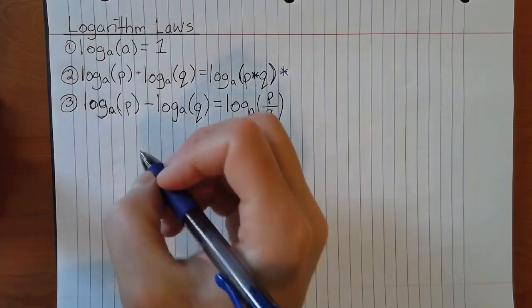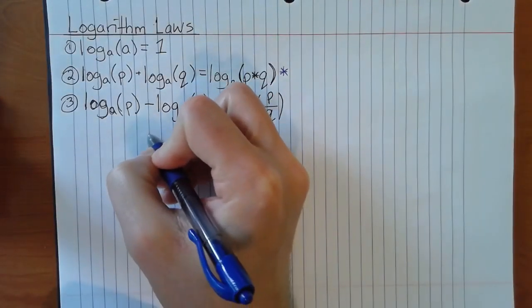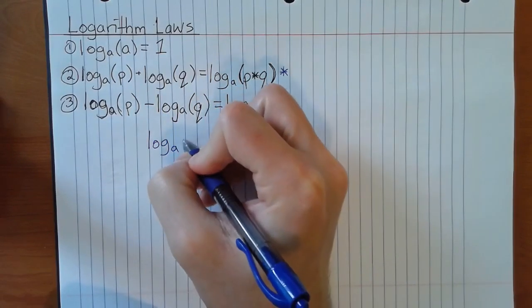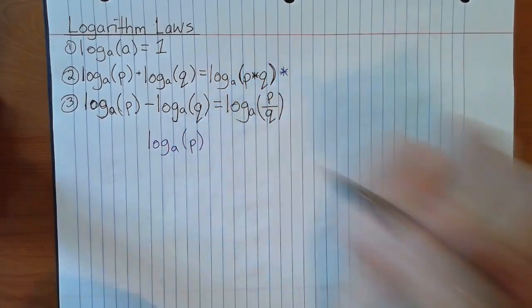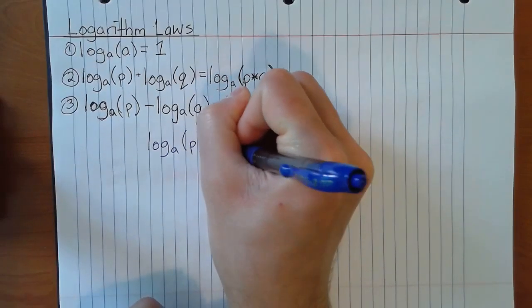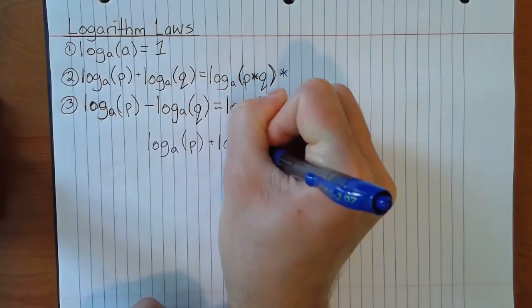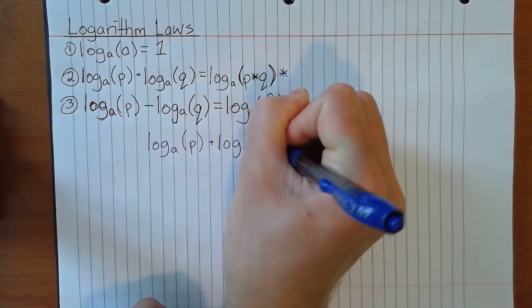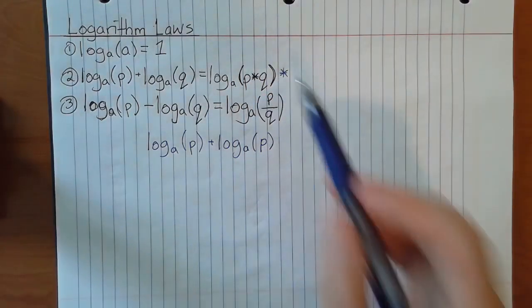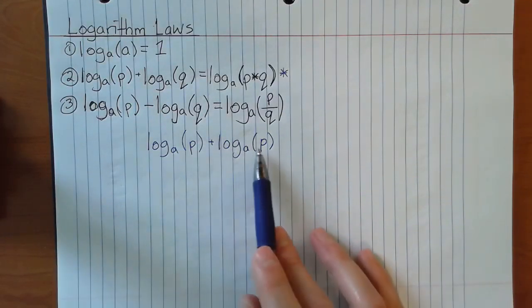So let's say in an example that we had log base A of P, starting out the same, but then we added the exact same thing to it: log base A of P. So using that law number 2, we would multiply the two inputs.